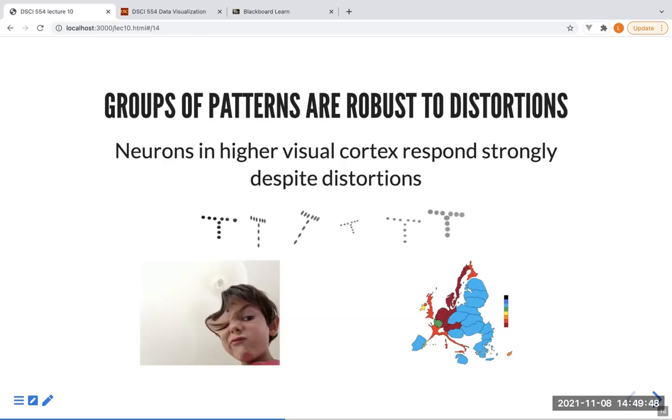So this is my son when he was tiny. He was playing with the phone, and I think this is one of the filters. So I mean, you can recognize that this is a face, right? So even though there is a strong distortion, and this is the same thing that we're using when we do a map where we distort the areas based on values, because we can still make sense of the general shape of the country.